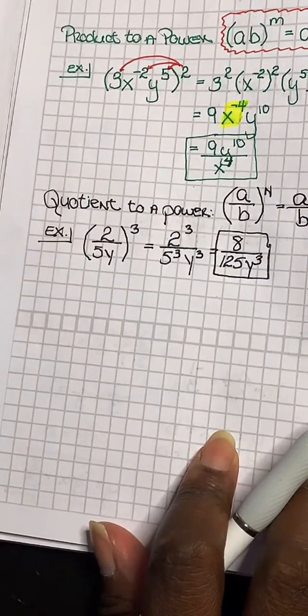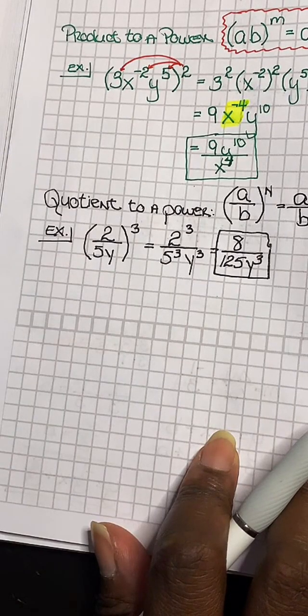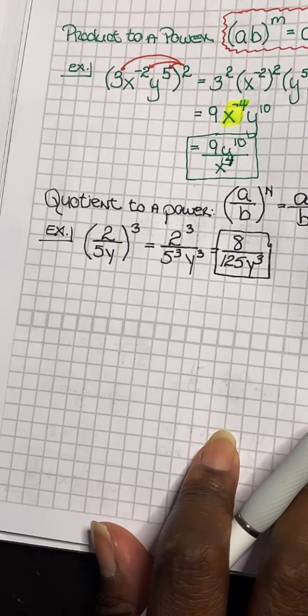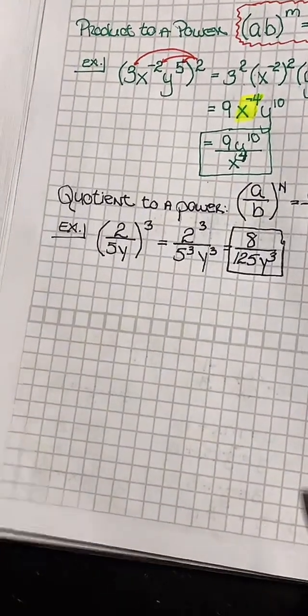So let me see. Let's see if we can do a couple combinations just to make sure we're on the same path. All right. So what I'm going to do is take this away. If it's negative, then you're going to have to do the reciprocal. You're going to have to flip it.